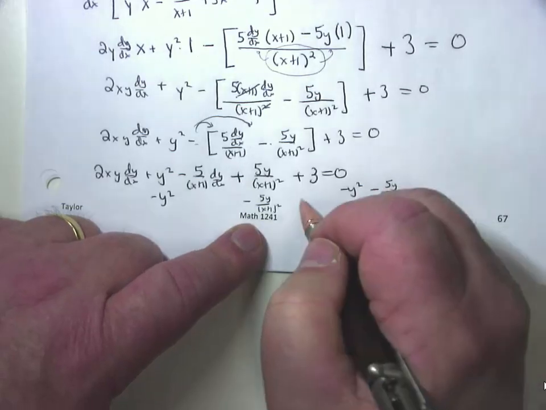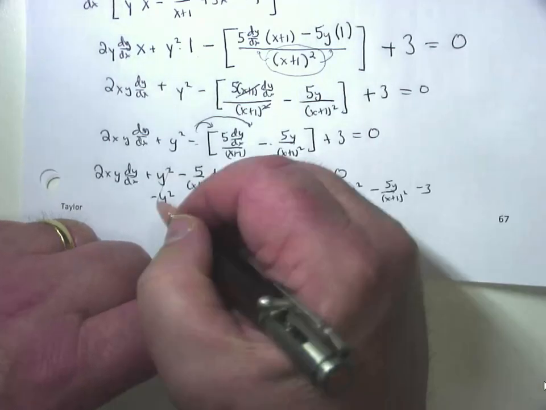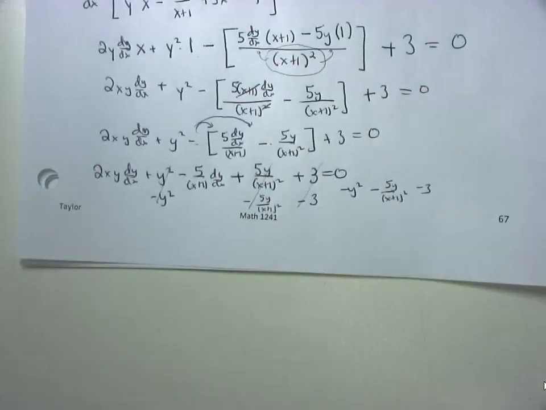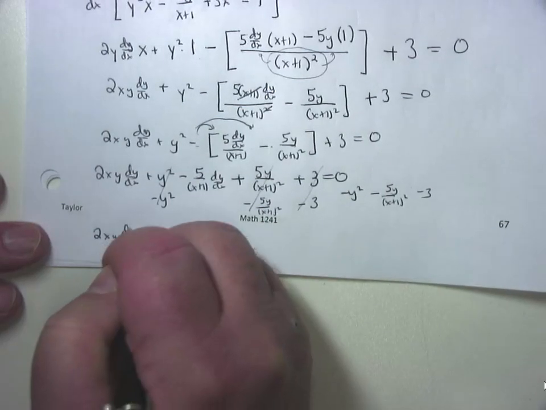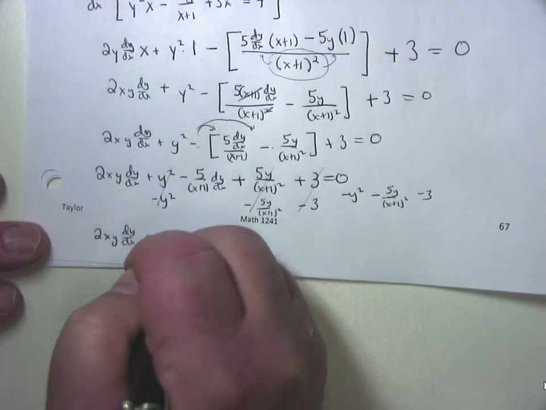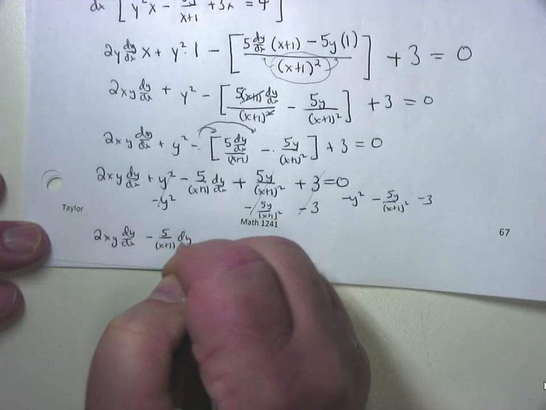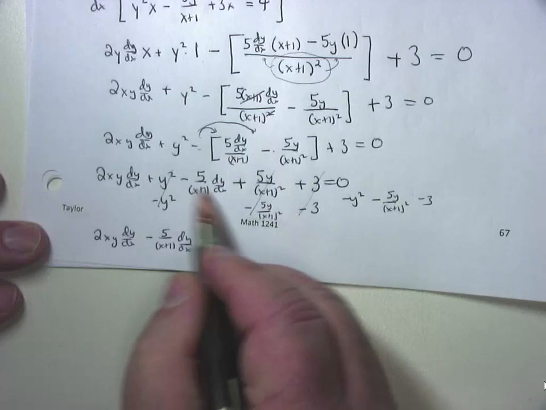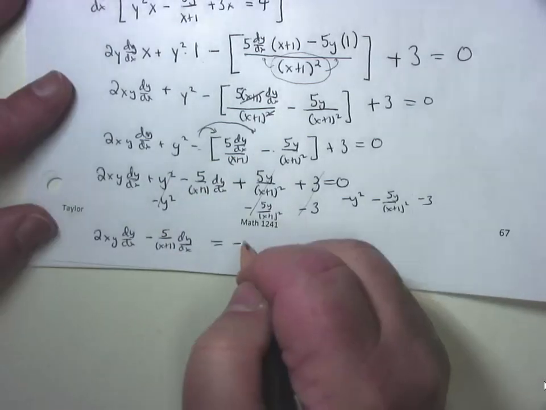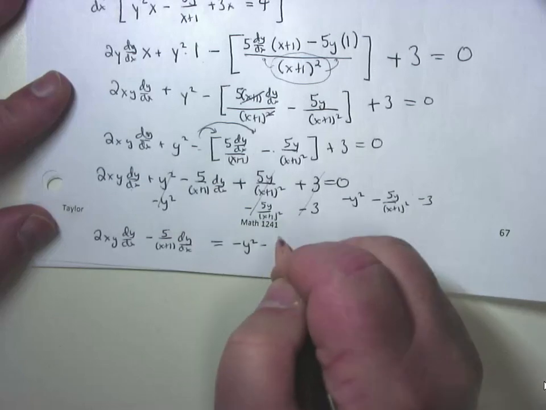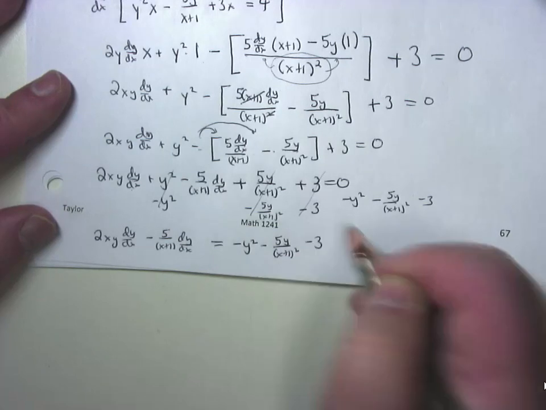And the 3 doesn't have a dy over dx on it, so I'm going to subtract 3. So this cancels, and this cancels. This leaves me with 2xy dy over dx minus 5 divided by x plus 1 dy over dx is equal to negative y squared minus 5y divided by x plus 1 squared minus 3.